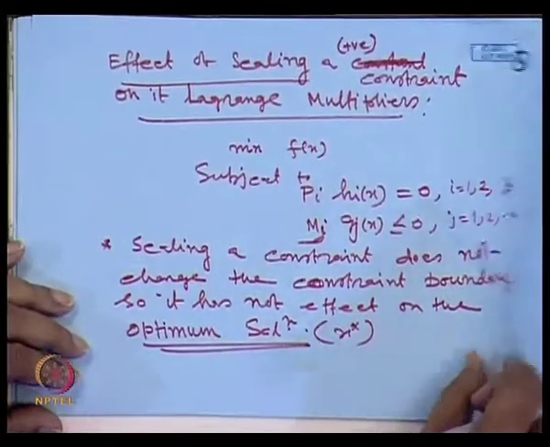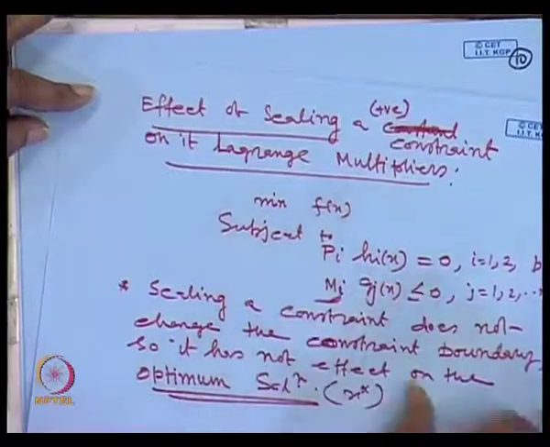Let us see how this works. As you recall, these are our constraints, now multiplied by this.